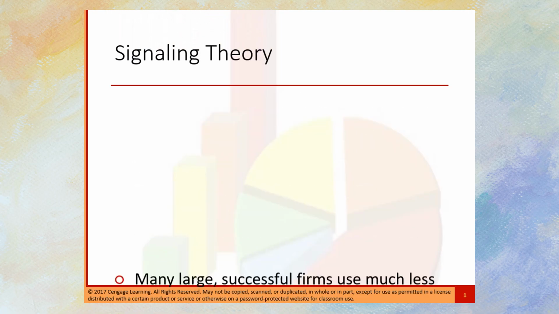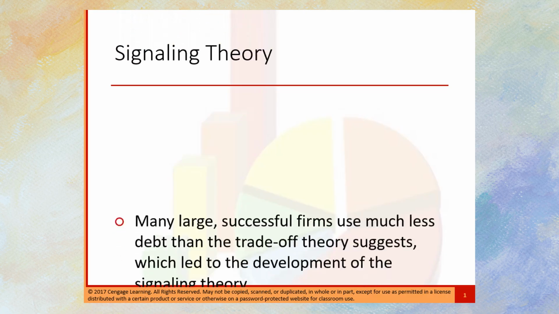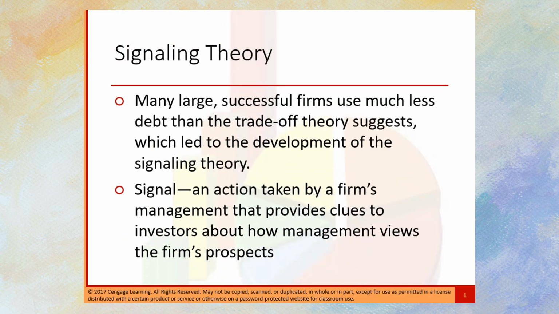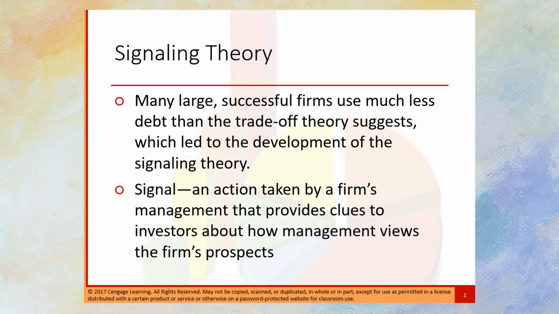It is also sending a message. A signal is an action taken by management that investors interpret as a clue about the firm's prospects. For example, if a firm chooses not to increase its debt, investors might assume that management is being cautious, or that they expect future earnings to be volatile.